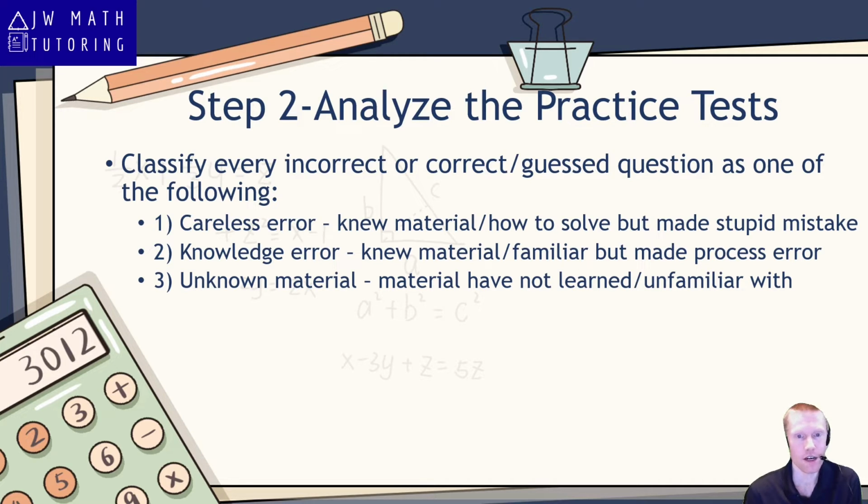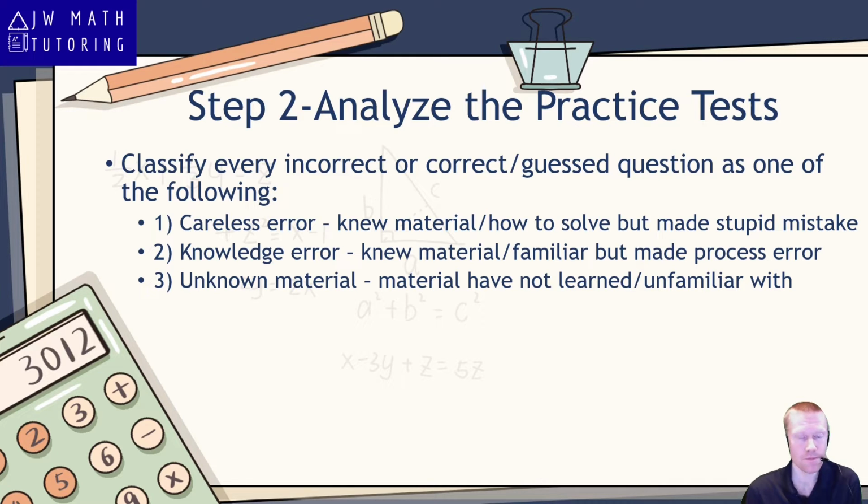The second type of classification grouping is knowledge errors. So these are going to be problems where you have some familiarity with the material or some idea of how to solve the problem, but as you're going through, you made some type of process error as you were trying to solve it.